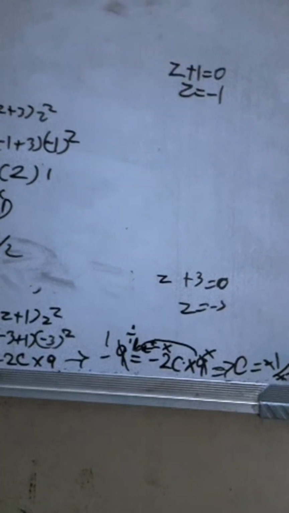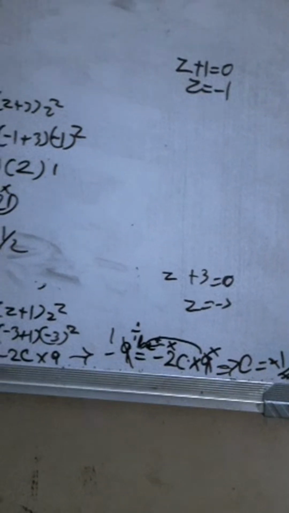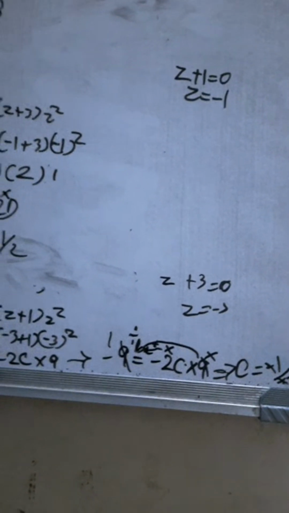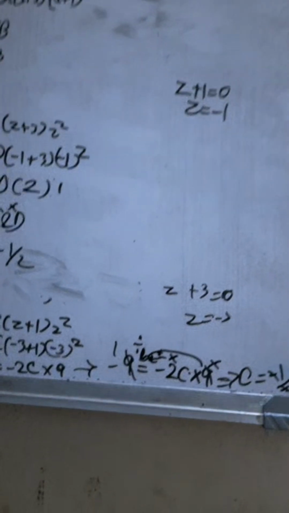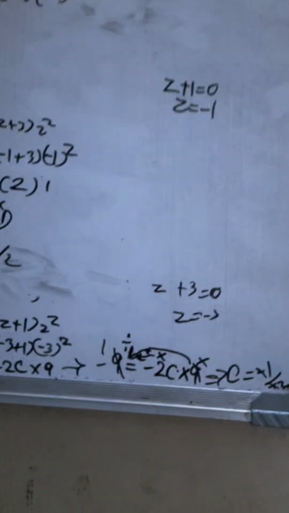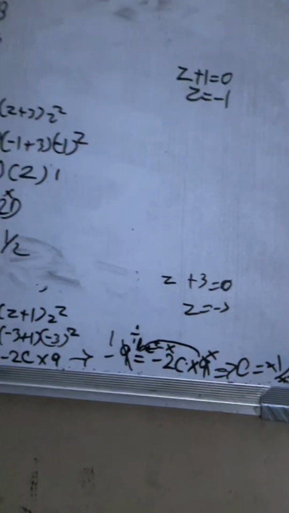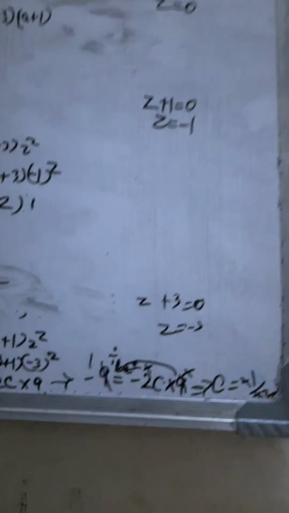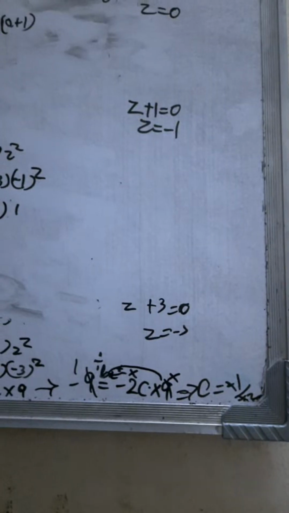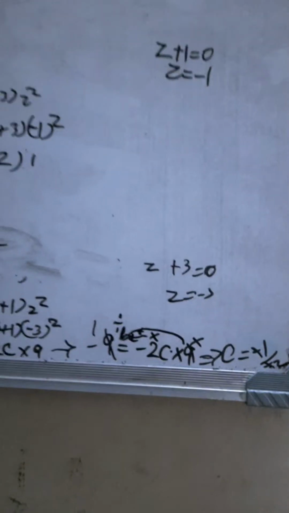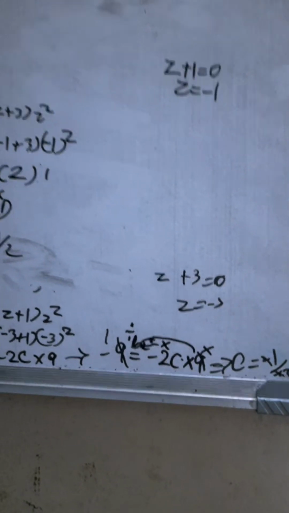Now to find A, we have to take a random variable. Let's take anything as z. Then we would find the whole thing. We have to put B, D and C. There is no space, that's the problem.